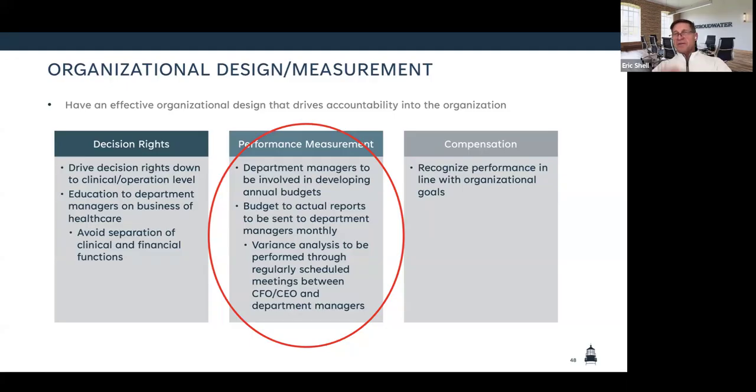But where decisions are pushed down to the front line, then our compensation system should move to more of a merit system where return to the organization creates a return to the individual. And then the third leg of the stool is if we push decision-making down and reward the individual, then we have to get two tracks of information. One, performance measurement information to the individual to see the impact of their decisions. But then also at a higher level, we have to have information to the senior leadership team to make sure the trains all stay on track.